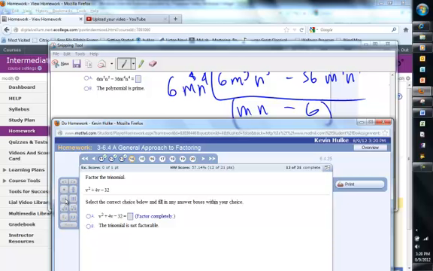What two numbers multiplied equal 32 and are 4 apart? That would be v plus 8, v minus 4. Remember, you can use your calculator and you'd have gotten the same answer on that one.